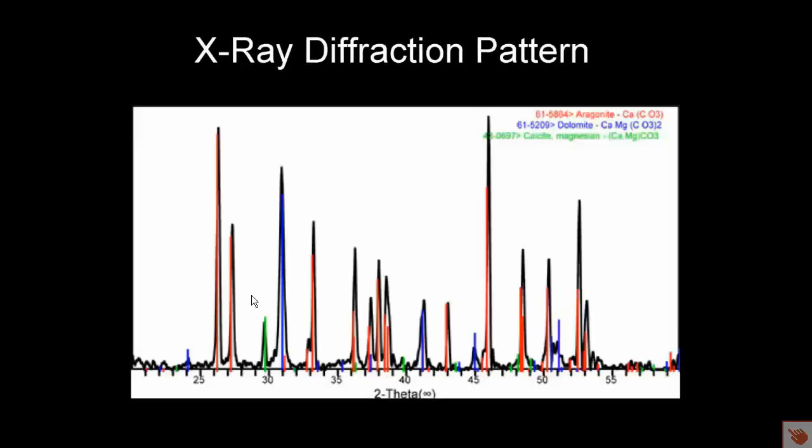If we plot the intensity of the X-rays received as a function of the angle that the incident and the reflected beam make, we get a plot showing that at specific angles we get strong reflections. The distribution of the strong reflections as a function of angle can be used to identify the specimen.